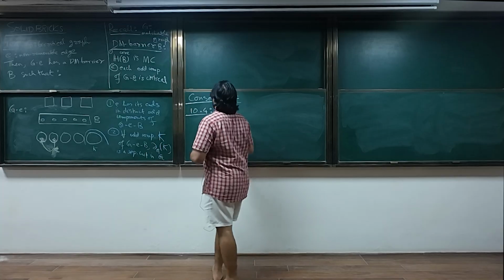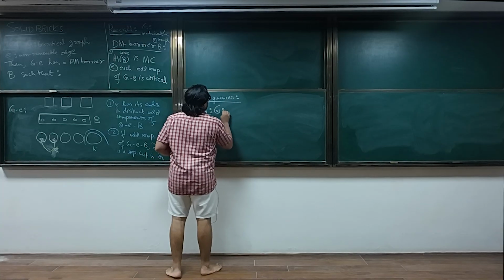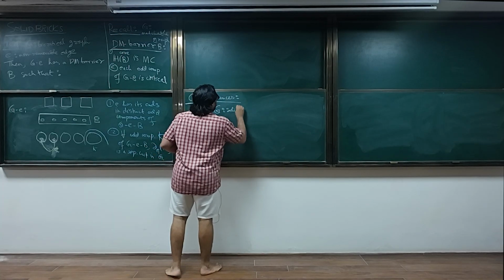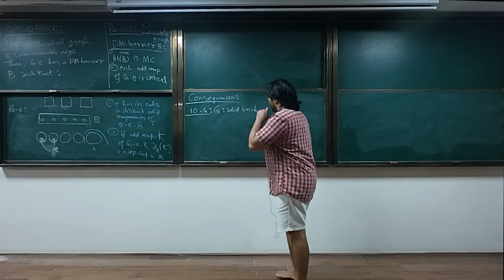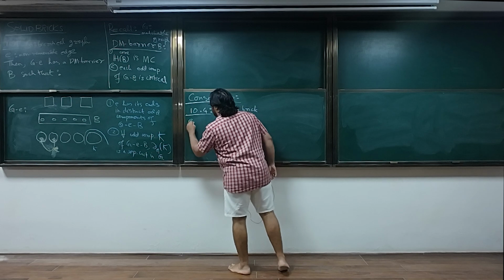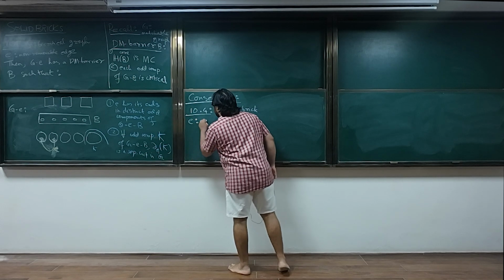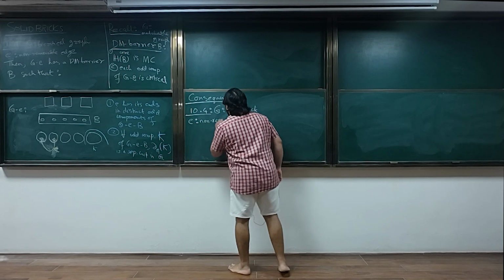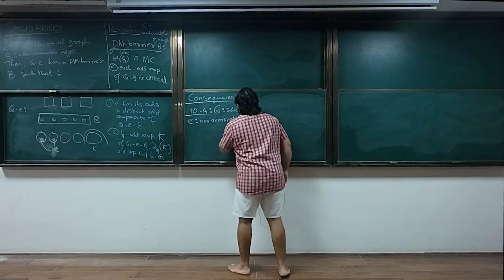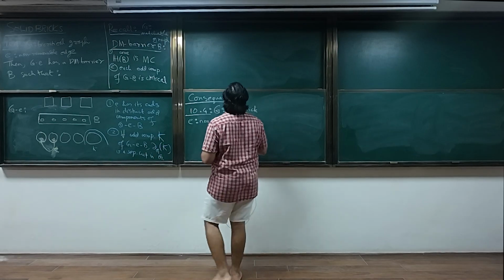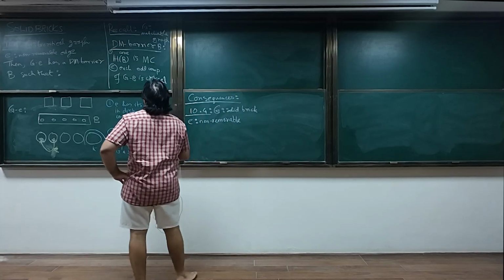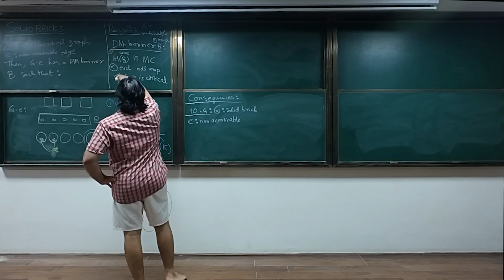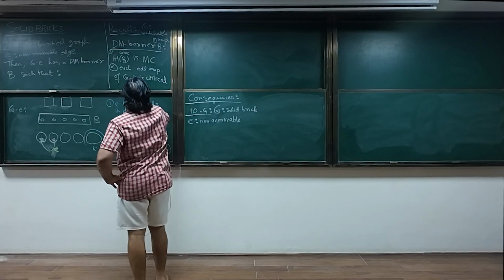So now I have a solid brick. An edge E, if an edge is non-removable, then basically the same thing, each odd component will just become trivial.